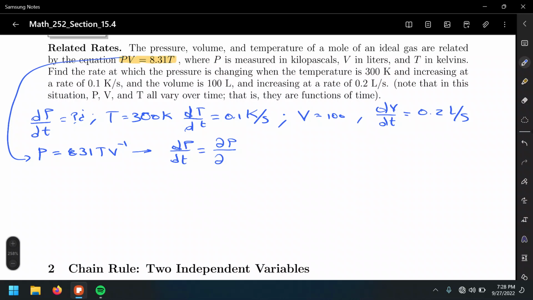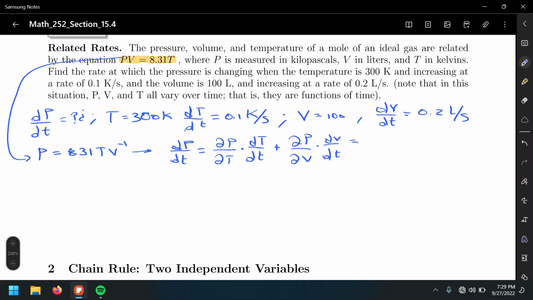Oh, hold on. What do I have? Should be the temperature, yes. And times the rate of change of the temperature with respect to time, plus the change of the pressure with respect to the volume, because in this system, the pressure is being affected by both changes, a change in the temperature at the same time as a change in the volume. All right? And both are changing with respect to time.